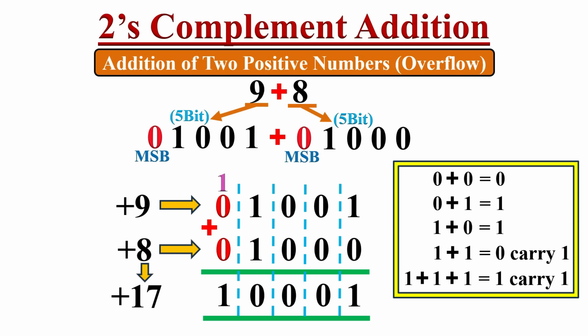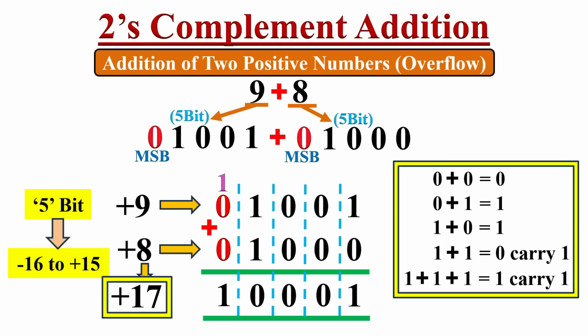But as we know, in 2's complement form, using 5 bits, the range of numbers which can be represented is between minus 16 to plus 15. So this plus 17 is out of the range of 5-bit representation. We can also notice that the MSB of the answer is 1, which indicates a negative signed binary number.